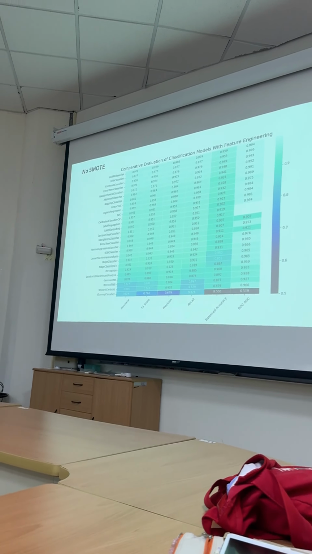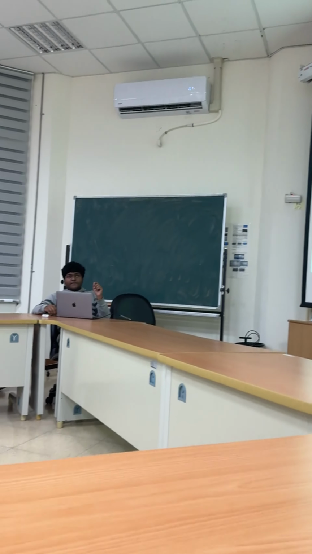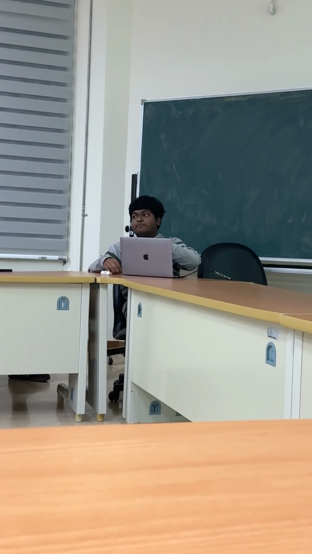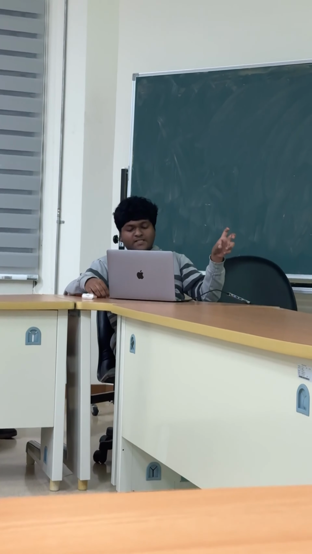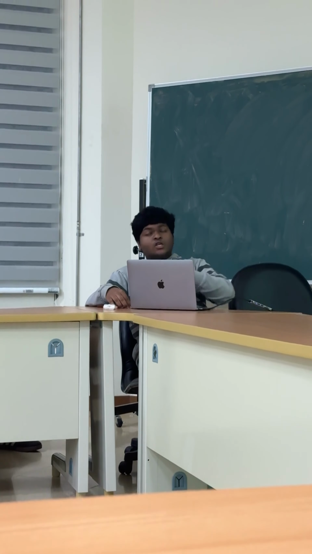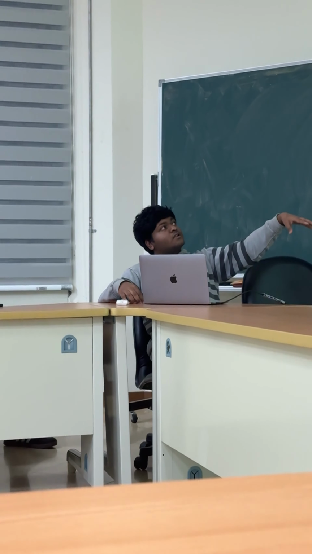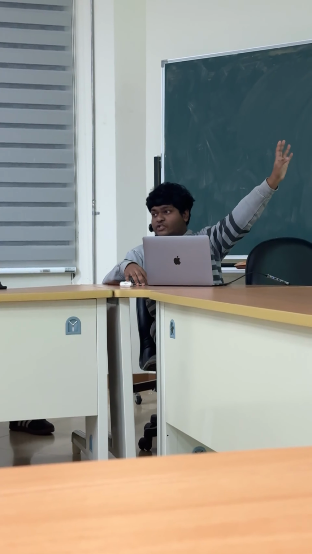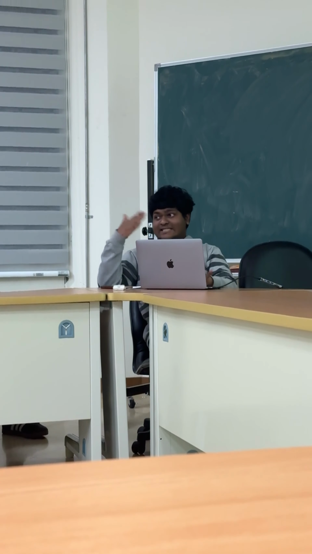Precision is, out of all the predicted cases, how many were actually TB. Recall is, out of all actual TB cases, how many did we correctly identify. So when we trained multiple models, the LGBM classifier emerged as the best without any artificial data, after extensive feature engineering.